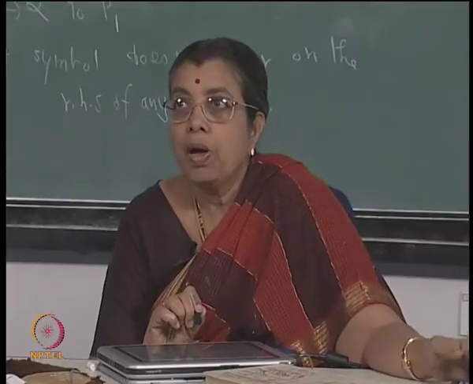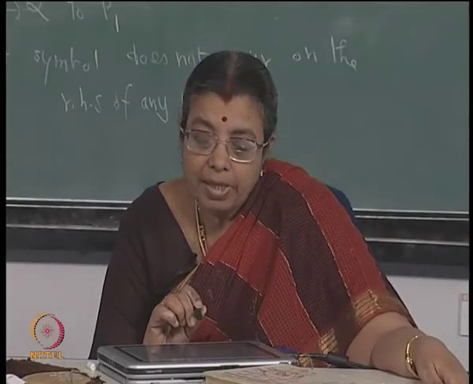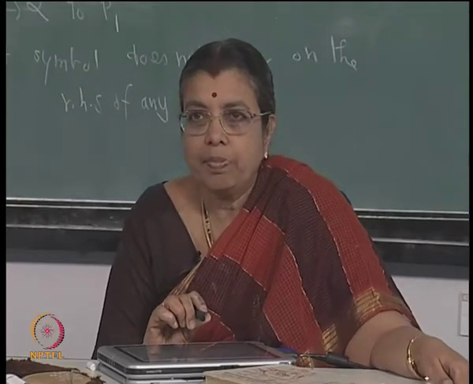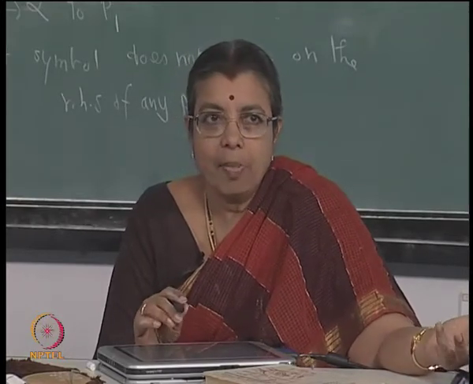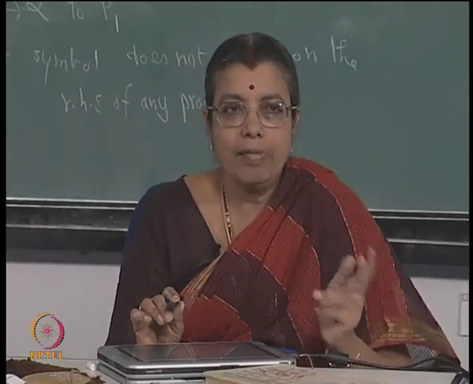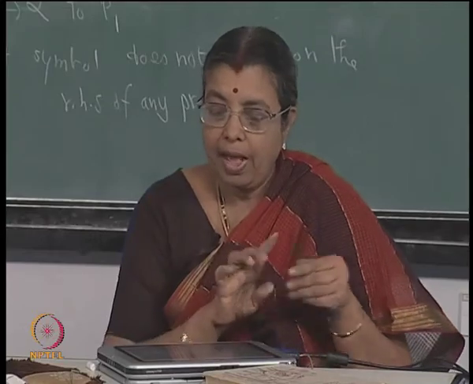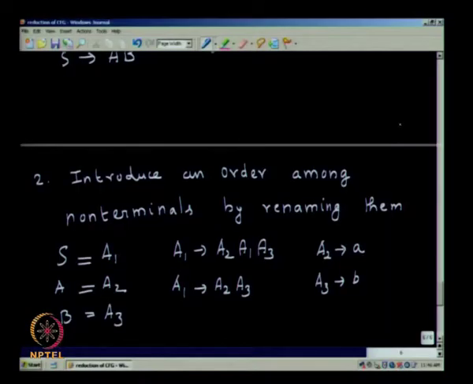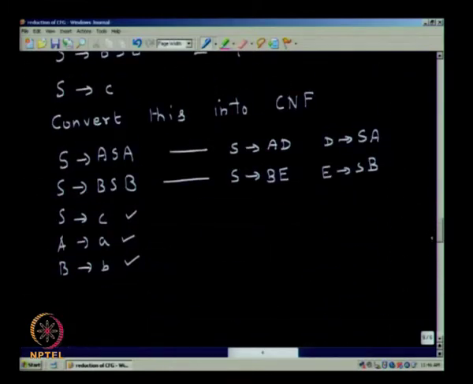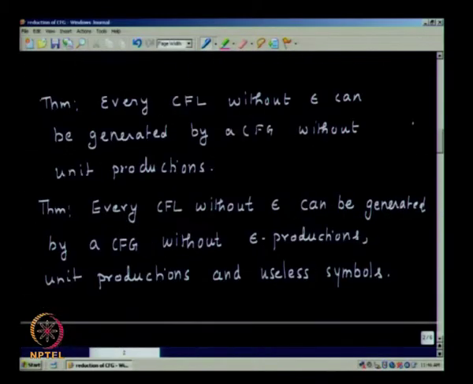So, you are having an order among the non-terminals. This is also very simple, the language generated will not be affected because you are just renaming the non-terminals and calling them as A1, A2, A3. The third step involves the use of 2 lemmas. We will see what are the 2 lemmas now.